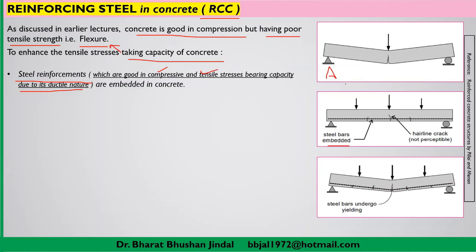So if you compare figure A and figure C, figure A will fail at the load which we are applying in figure C. What you can see here is that in figure A we have shown only a single load, and here we have shown three loads. So you can easily compare figure A and figure C.